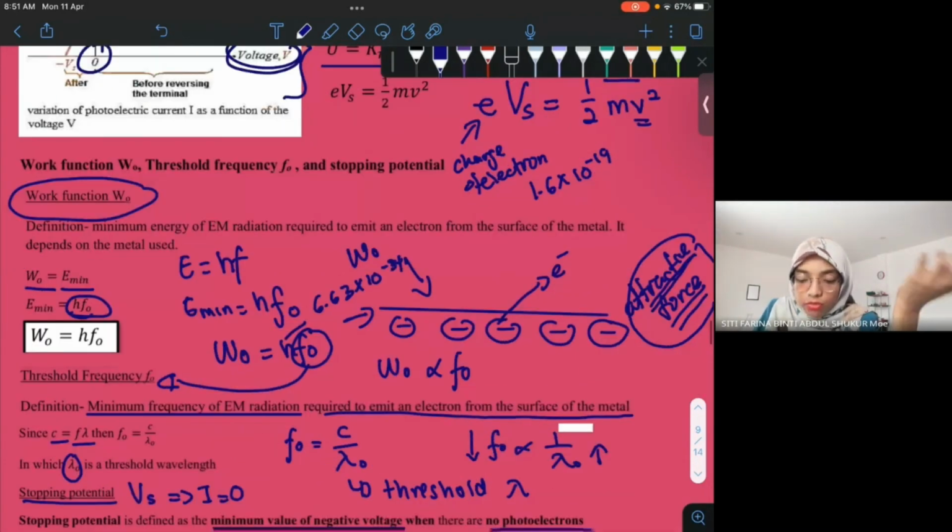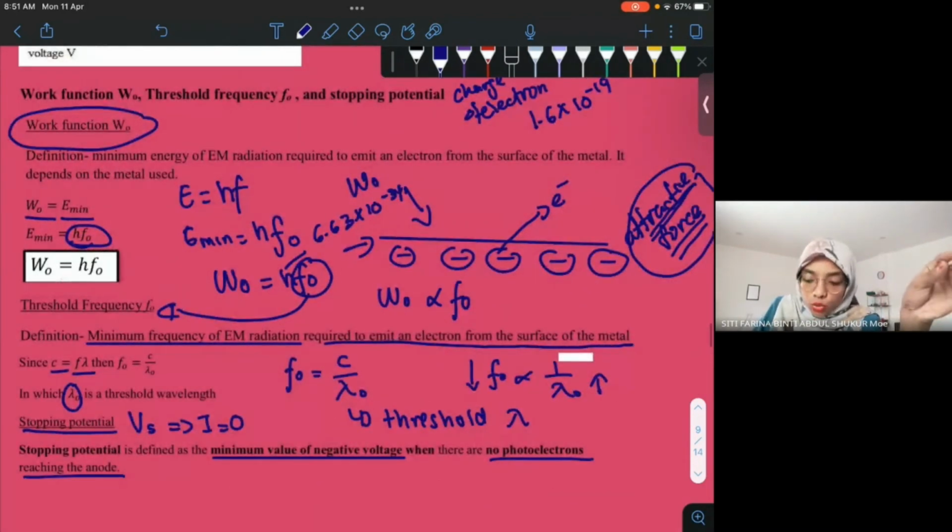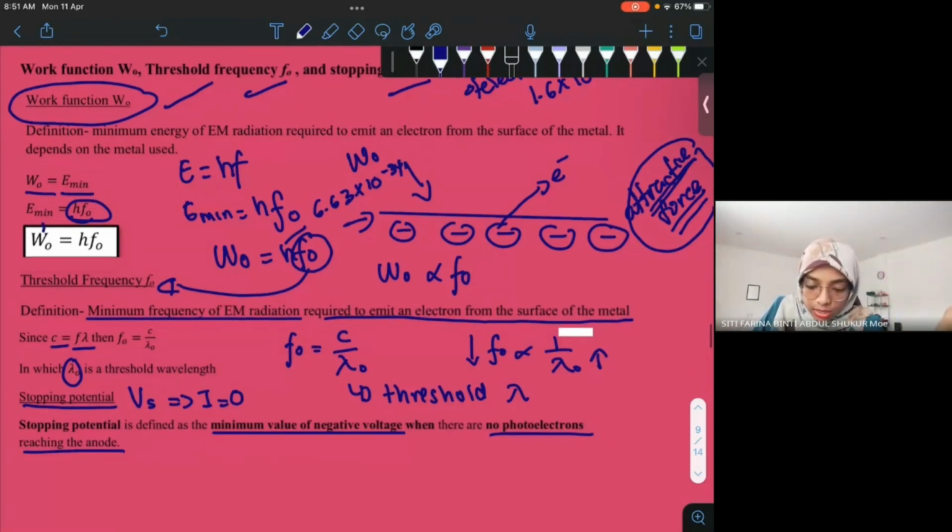Alright, after that we looked at a few terms, that is work function, threshold frequency and also stopping potential. Okay, and the equation here is not new at all. Work function is basically minimum energy. Energy is HF. When your energy is minimum, the frequency is minimum. We just call it threshold frequency. That's all.